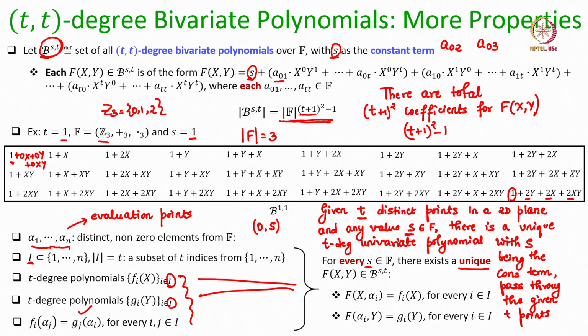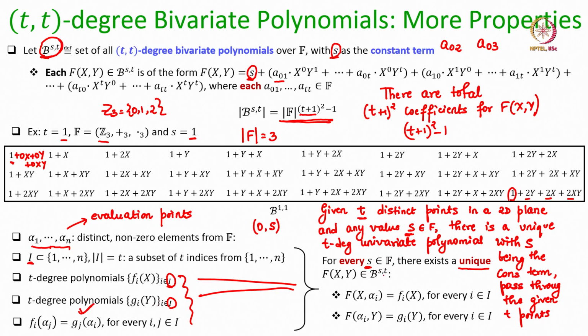So, I am fixing a value s that has to be the constant term of the bivariate polynomial which I want to find out, and I am also fixing t pairs of x univariate polynomials and y univariate polynomials which are pairwise consistent. So, I am now given two criteria.